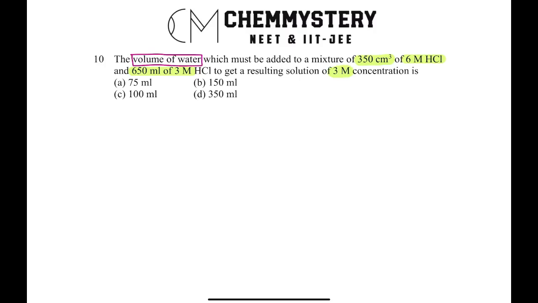Now understand the question here, what they are telling. You are mixing two HCl solutions of different strengths. You have one HCl whose strength is 6 molar, volume is 350 centimeter cube, I can also write as ml.